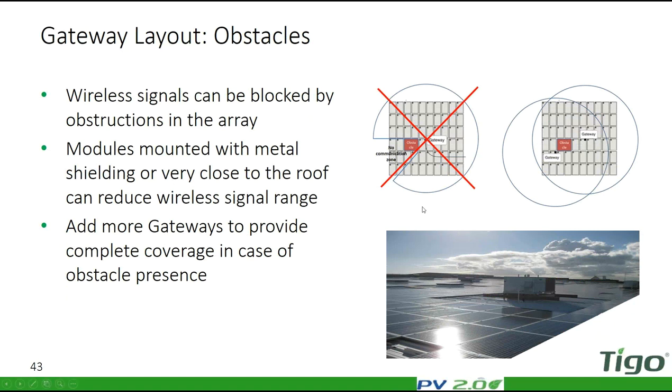So like we see here, if I have this big obstacle and gateway here, the reception won't go all the way. So what you will need to do in this case is basically to add another gateway. And then you'll be able to have good wireless reception, with monitoring and safety properly working.